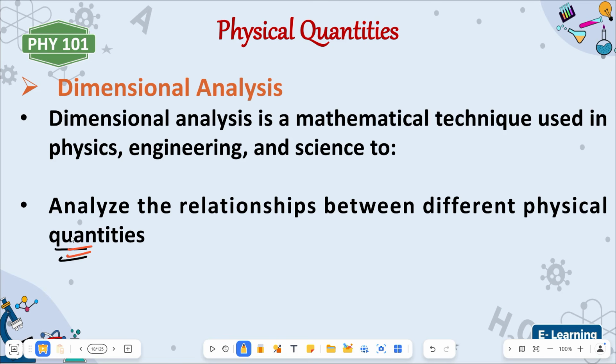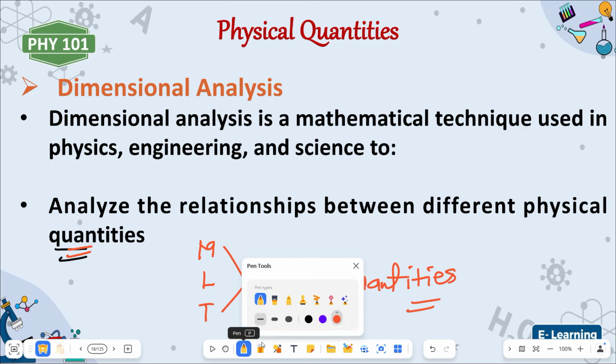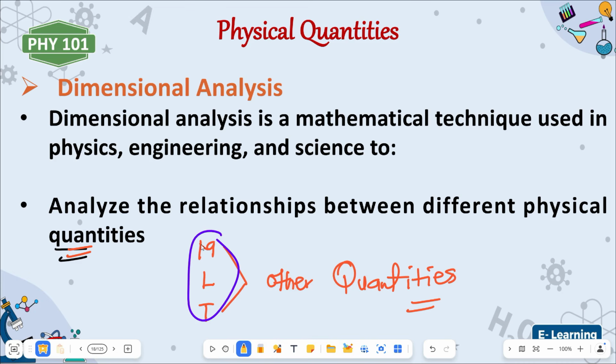Now, basically, what I would say is that dimensional analysis is used to analyze the relationship between the three basic fundamental quantities, mass, length, and time, and other physical quantities. Is that okay? How do these three things combine to give us other physical quantity?